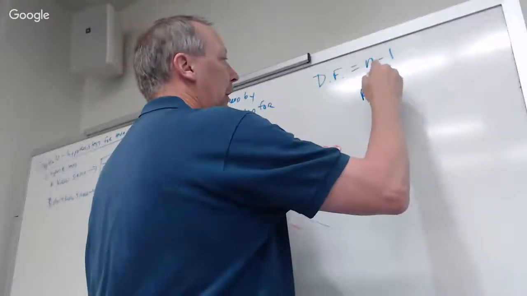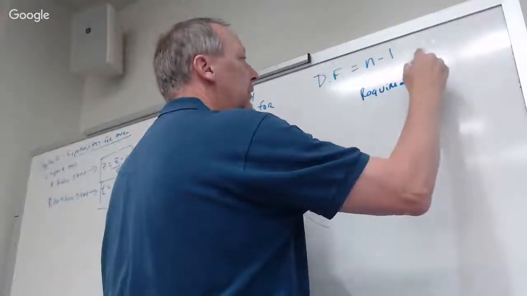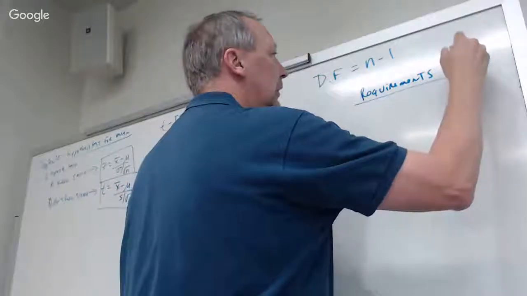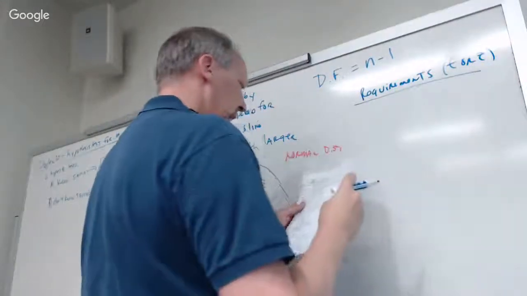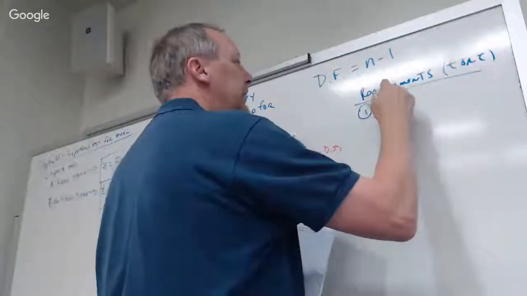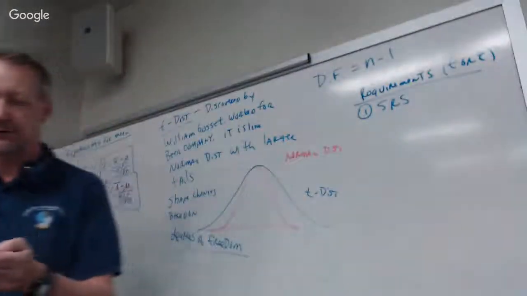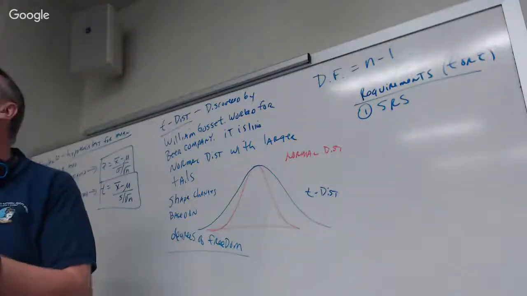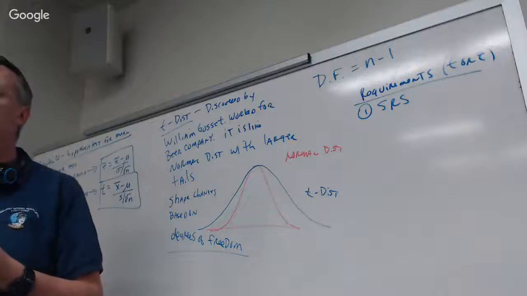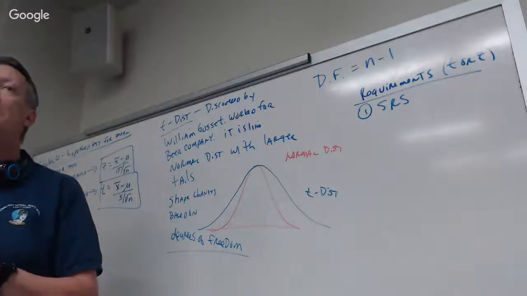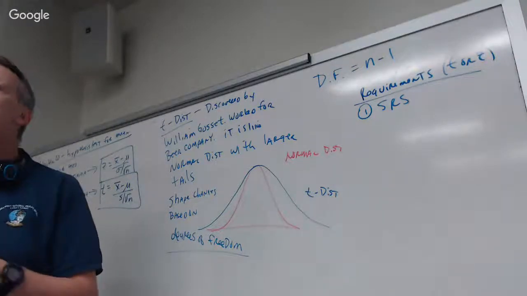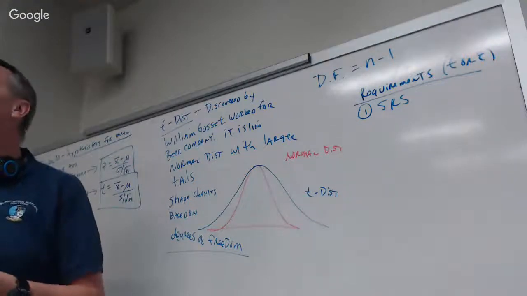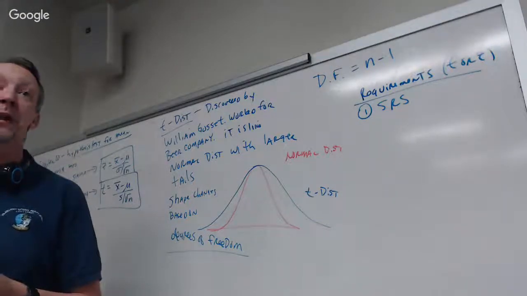Requirements. And this works for T or Z, okay? Number 1, it must come from a simple random sample. Now, by the way, let me just mention this for your project. Technically, the only data collection method where you're doing a simple random sample is your phone book, right?